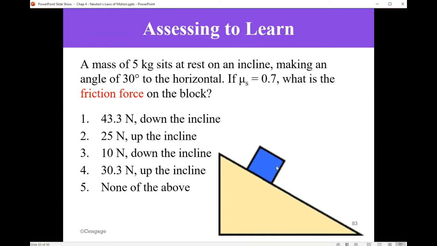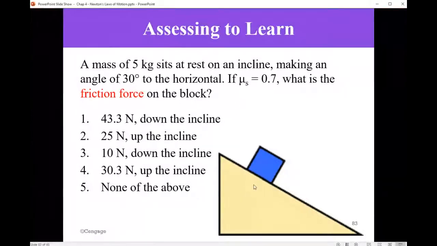In order to calculate the friction force, you need the normal force, okay, and you need the angle. So you have mg going downward. mg, 5 multiplied by 10, is 50 newtons. You can decompose this into two components.